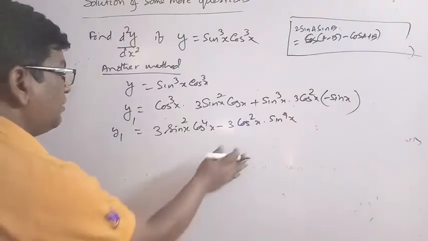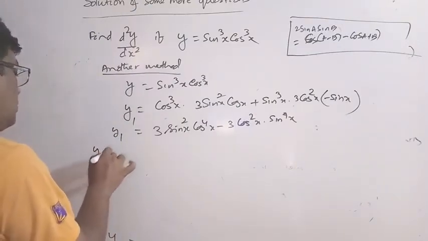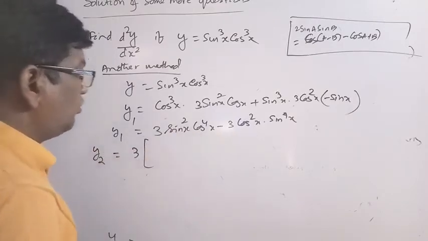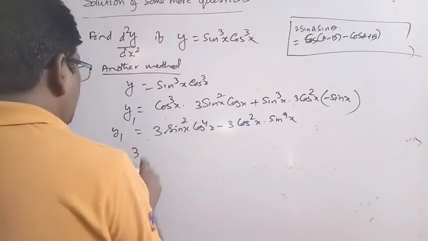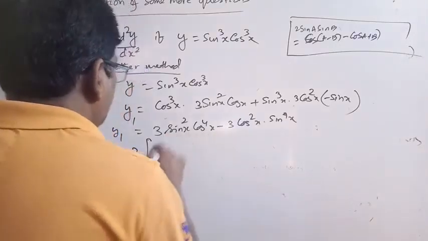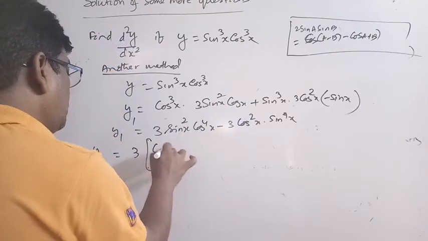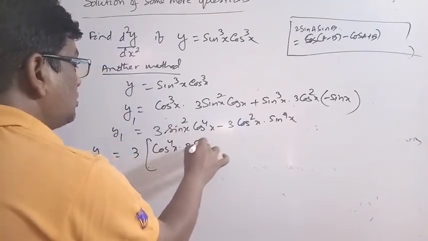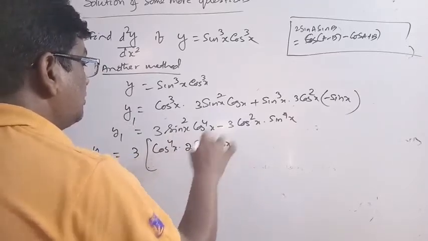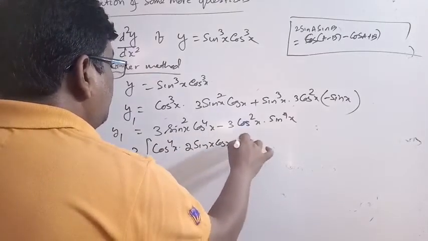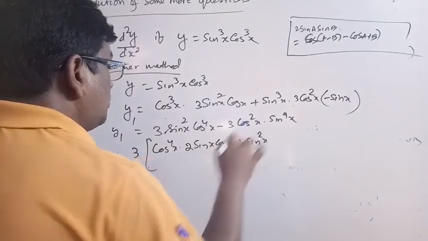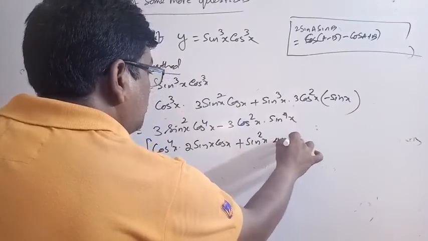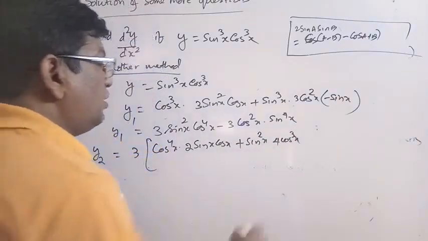Find again dy by dx. y2 means 3 into u into v. Take 3 common. Okay, both u into v. Cos 4x into derivative of sin square x means what? 2 sin x into cos x, plus u dv: sin square x into derivative of cos 4x means what? 4 cos cube x into what?